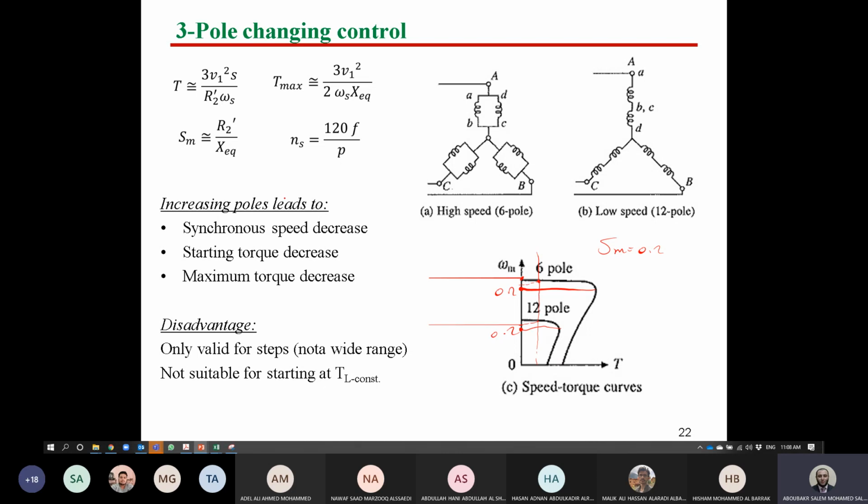So although the value of S maximum is constant, it appears shifted. Why? Because the reference has been changed. Tamam? Why has the reference been changed? Because you know NS is proportional to 1 over number of poles. صح يا شباب؟ طيب. يعني it's very important شباب to recognize the differences and what will happen to the curve boundaries if we make any speed control technique.